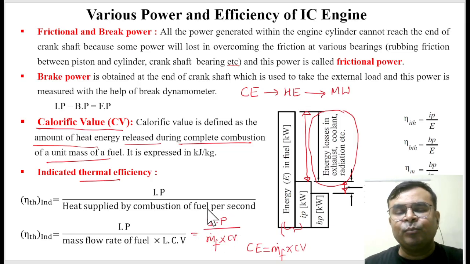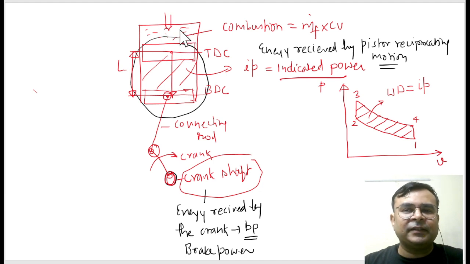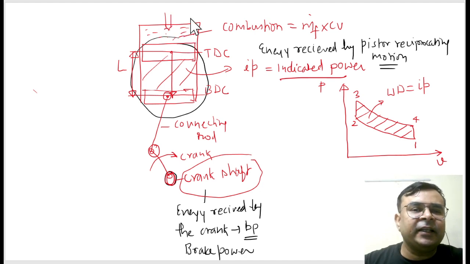Are you getting this? Simply you can consider, here in this slide, the fuel gets burned, then some amount of energy gets released, yes or no? So this is the actual energy supplied by the combustion of the fuel, and due to this the piston can reciprocate, yes or no? Obviously during this expansion of gas, some of the energy directly escapes from the engine, is it right?